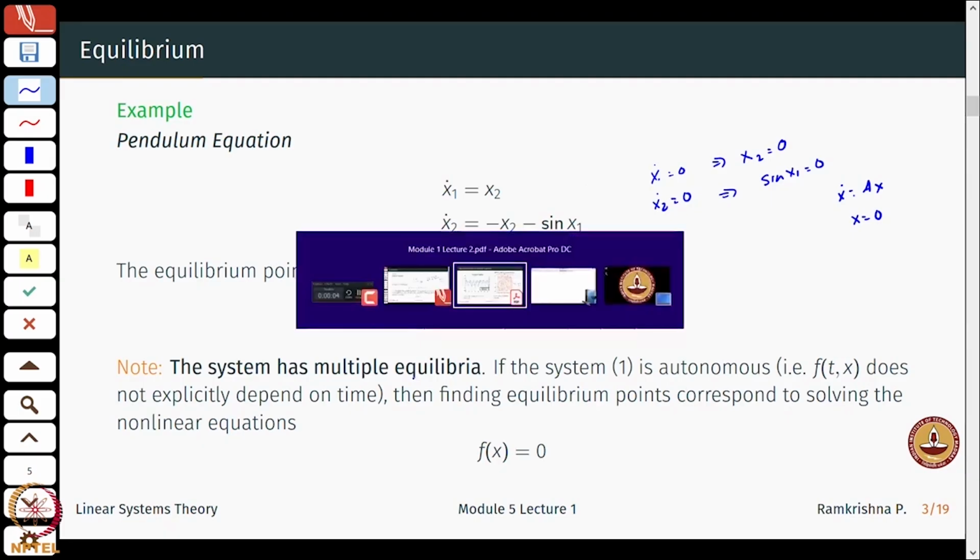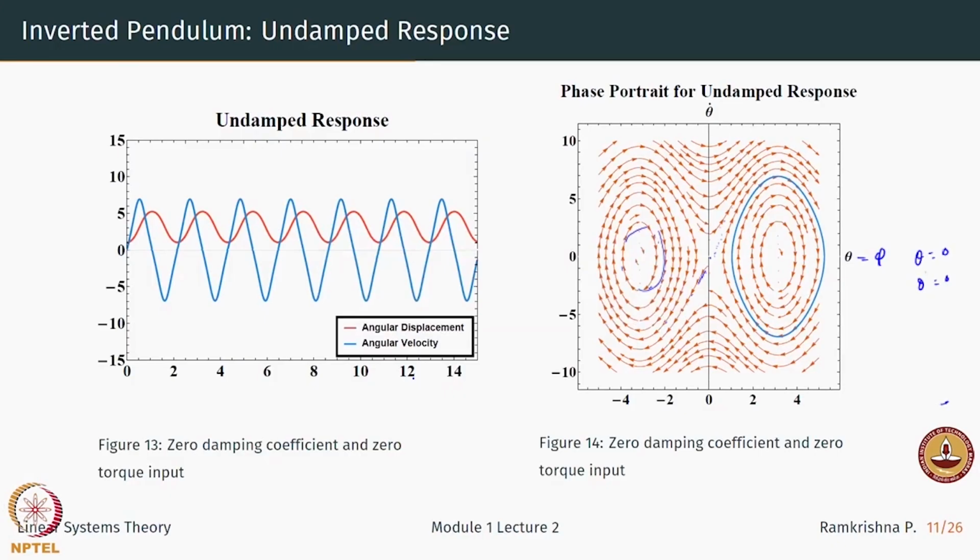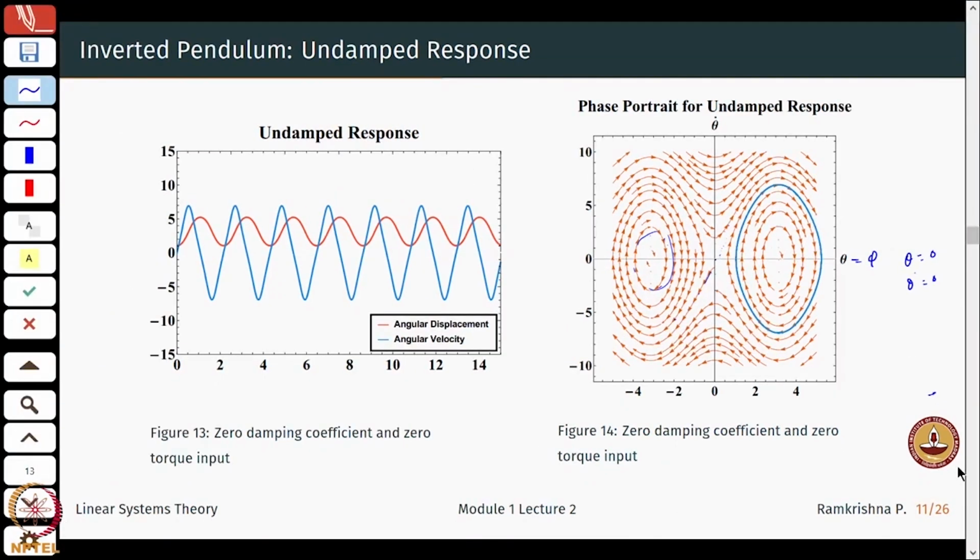If I relate to the phase space that I had drawn earlier for the case of undamped response, you can see a couple of equilibriums here and one at the origin and so on. If I go back to the phase space which I had drawn in one of our earlier lectures, you can see that this actually corresponds to a set of different equilibrium points.